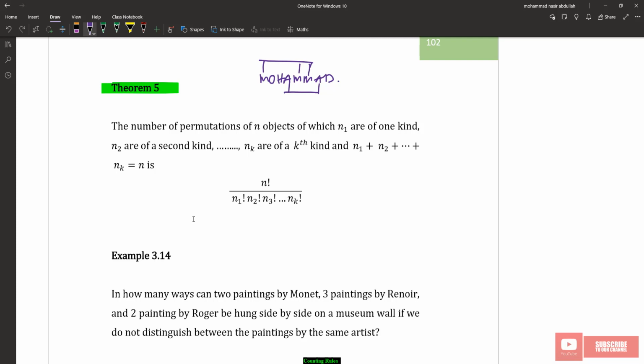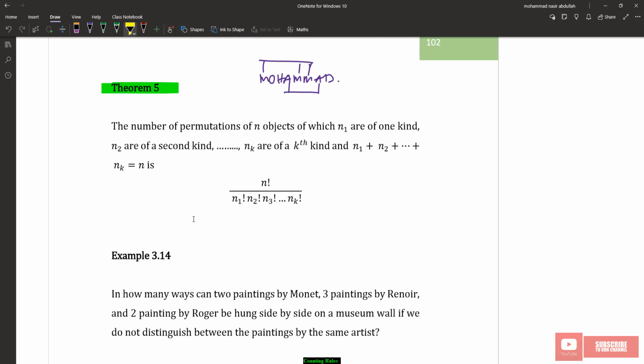In contrast to theorems number 1, 2, 3, and 4, where we looked at distinct objects, now in theorem number 5 we are looking at repeated objects.